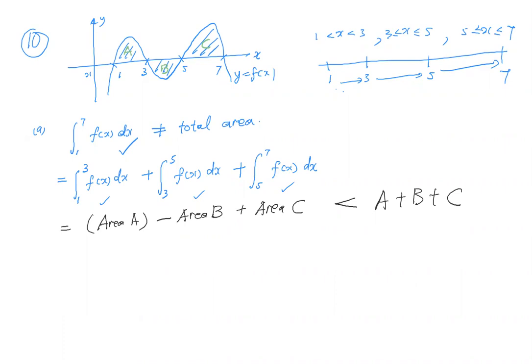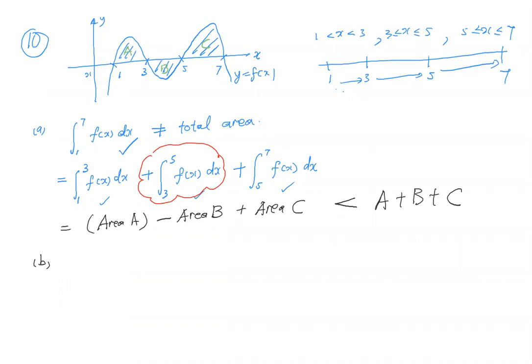Okay, so now part B. They say write an expression for the total area. So that means there's something that I have to do to this one. Am I right?